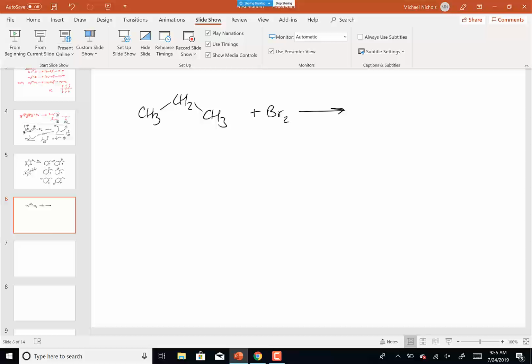Two. So there's going to be 1-bromopropane, which we'll call product A because A would come from the 2 CH3s.